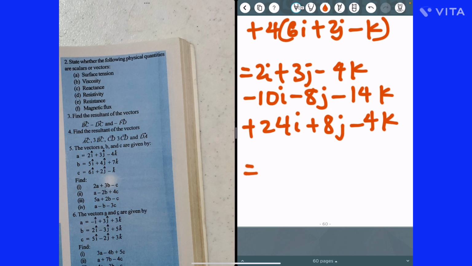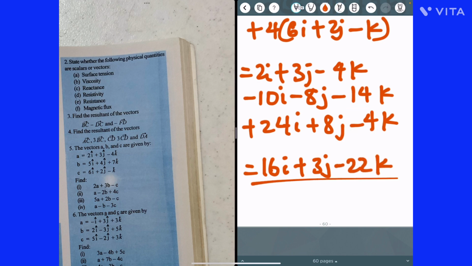So put all the i's and j's together. 2I minus 10I, that's minus 8I plus 24I, 16I. Then 3 minus 8 is minus 5, minus 5 plus 8 is plus 3J. Here too, minus 4 minus 14 is minus 18, minus 4, minus 22K. That's the answer to question B.